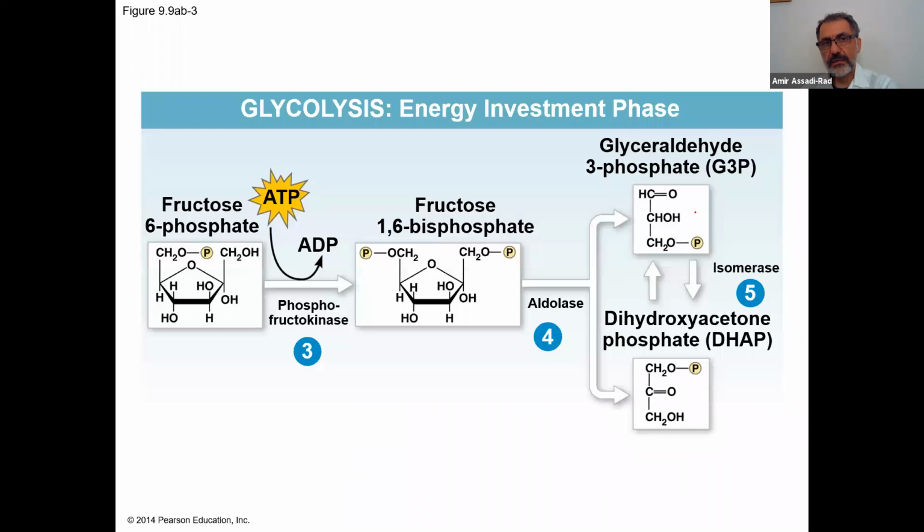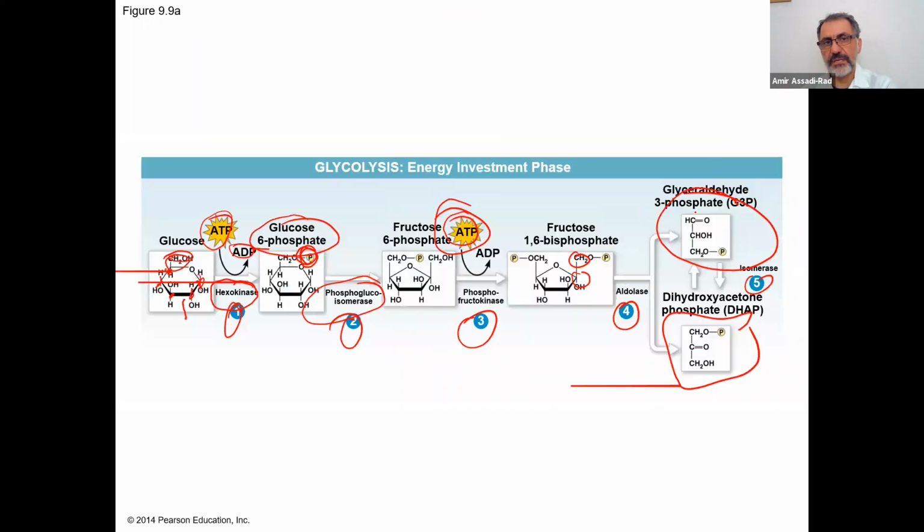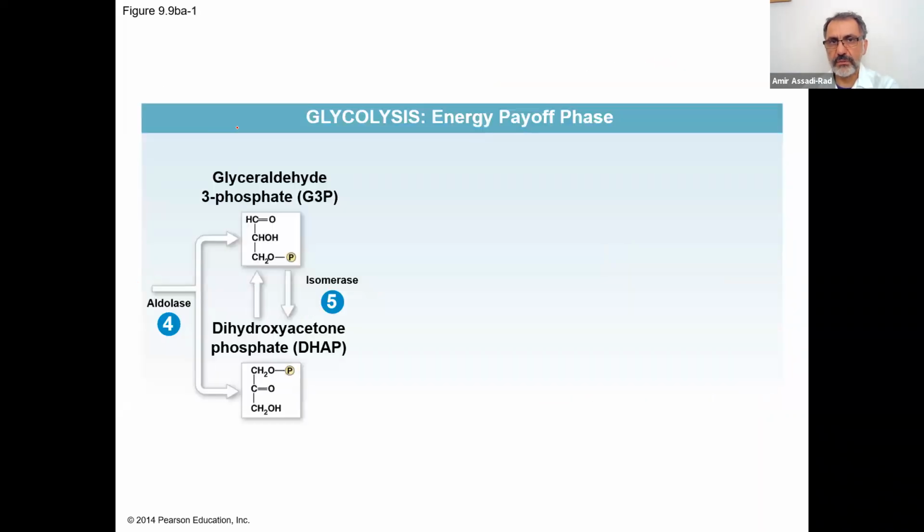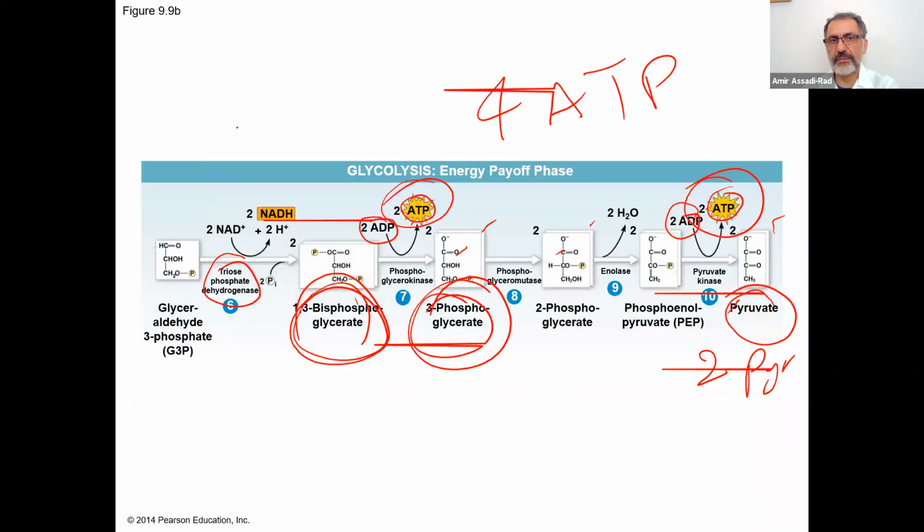You needed 2 ATP right here to break down one glucose molecule into glyceraldehyde 3-phosphate and dihydroxyacetone phosphate. Then at the end, those molecules become 2 pyruvate, but generate 4 ATP.